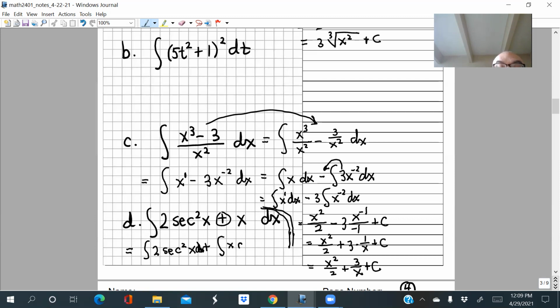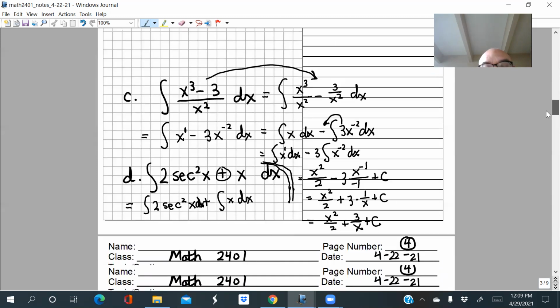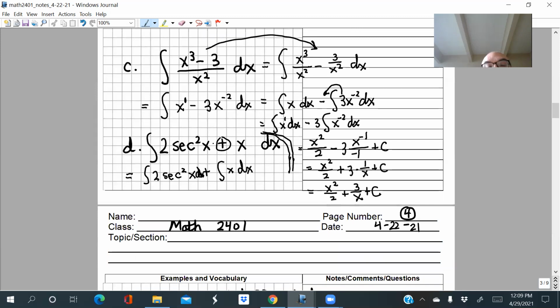Sometimes you really don't have to do this on paper. You can do this just in your head. So you can think, okay, I've got the antiderivative of a sum, so I'll take an antiderivative of this one, and I'll take the antiderivative of this one, right? So I'm just going to take the antiderivative in sequence.